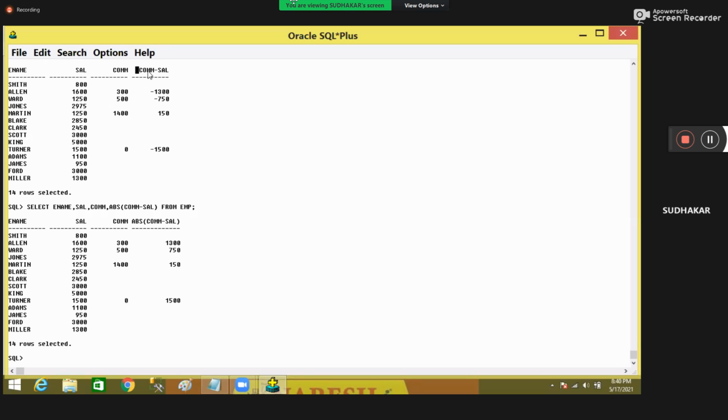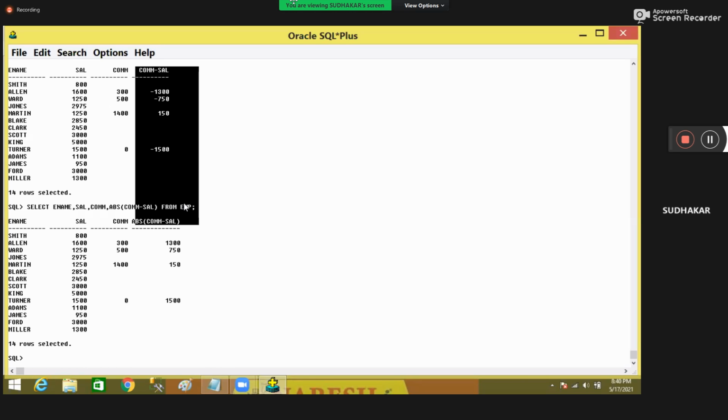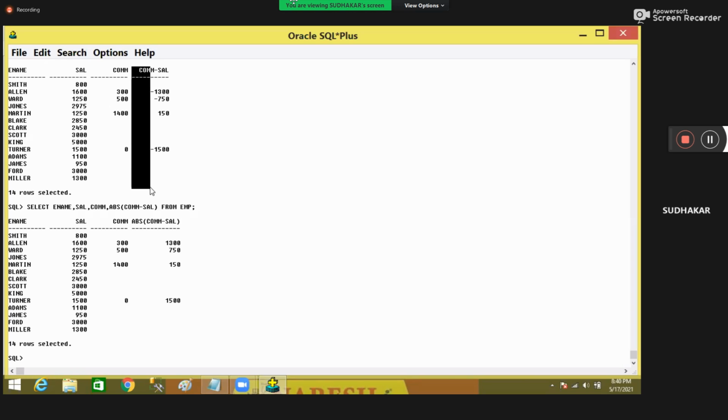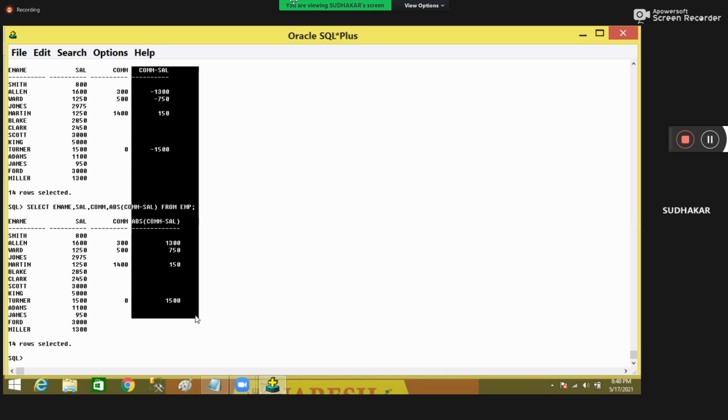So negative values are converted into positive values by using ABS. So this is the ABS function, converting negative to positive values.